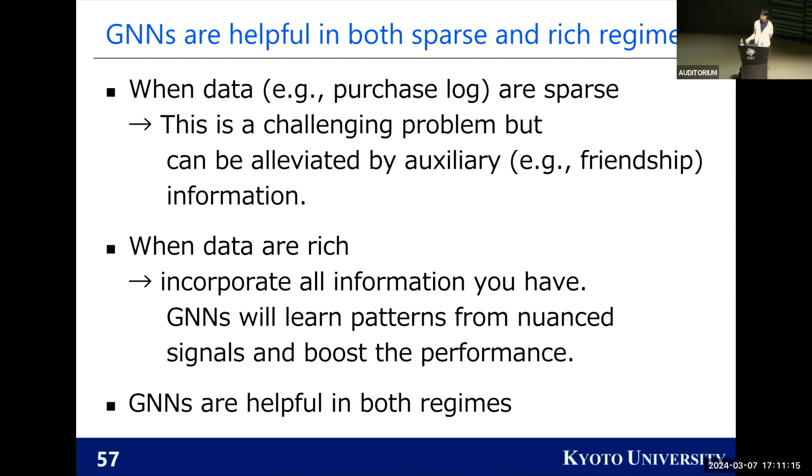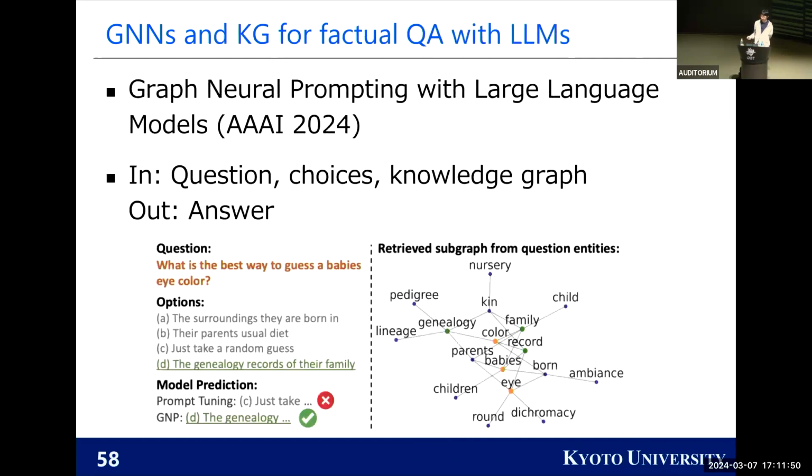And when data are rich, we can attach many kinds of data, like the knowledge graph and other kinds of graphs, to the target graph, and let GNNs learn patterns from the nuanced signals in such graph data and boost the performance by extracting information from it. So we can say that GNNs are helpful in both sparse and rich regimes. This is the basic idea of how GNNs can help boost the performance of downstream tasks.